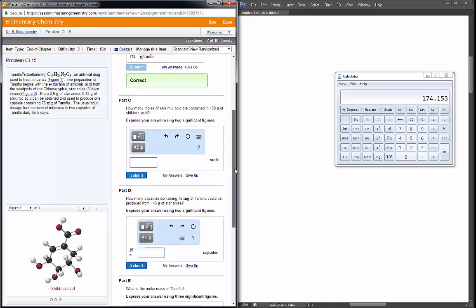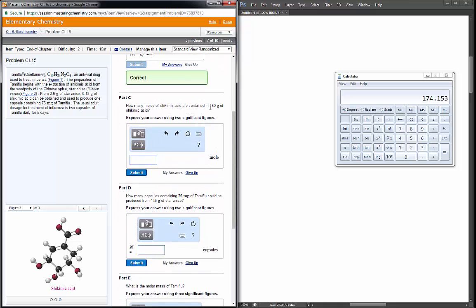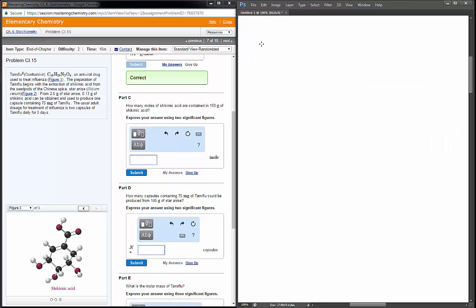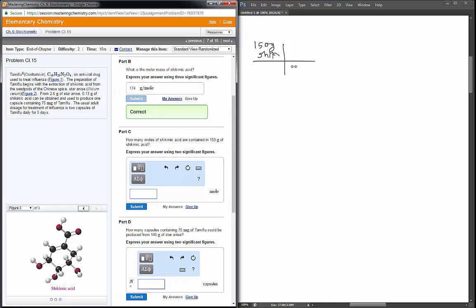Now they want to know how many moles of shikimic acid are contained in 150 grams of shikimic acid. So this is just a gram to mole conversion. So if I have 150 grams shikimic acid, and we just determined that there are 174 grams of shikimic acid in 1 mole of shikimic acid, I'm going to set that up so that 174 is on the denominator so I can cancel out grams of shikimic acid.